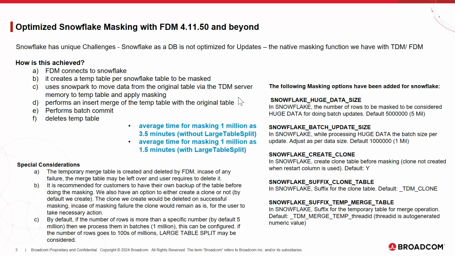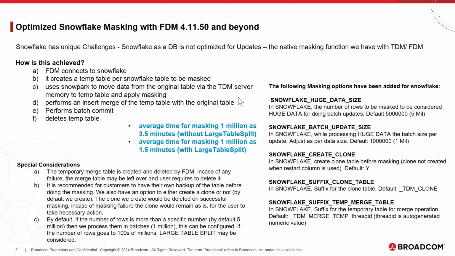This can of course be configured as part of your masking options, and this is definitely encouraged as you get to very large volumes. Same goes for large table split as well. If you're going into many millions of rows in a table, or many tables with a very large number of rows, enabling the large table split would be a definite improvement of overall performance.